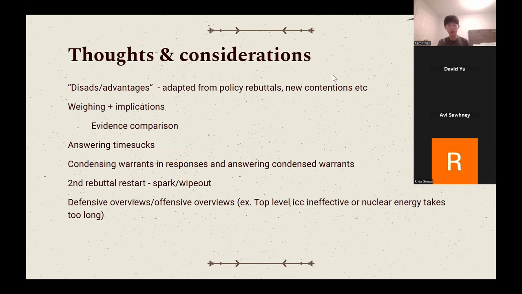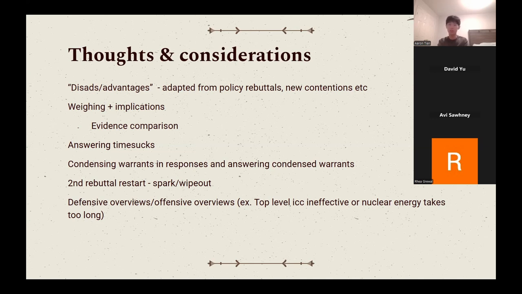Another example of an overview is on the April topic, which is about nuclear energy. If you read an overview that nuclear energy takes too long on the neg, while this doesn't necessarily take out every off argument, the purpose of this overview would be to introduce the early weighing of time frame for your side. In some instances it could also take out their arguments, especially if they are reading a fast scenario on the off, such as an imminent threat that is coming in months or a few years.